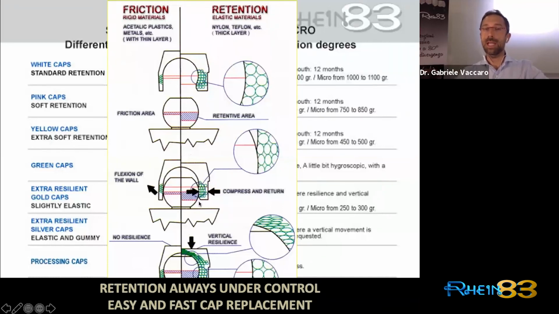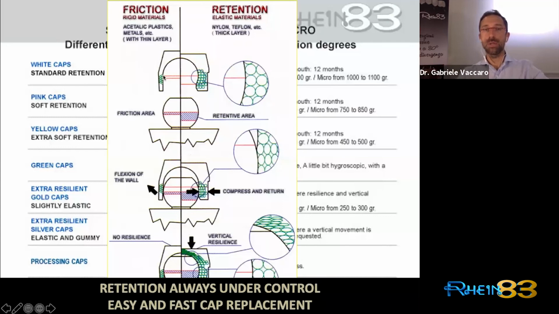And we have retention not because of friction between the two components, but because we have an elastic part that gives and goes under the equator.